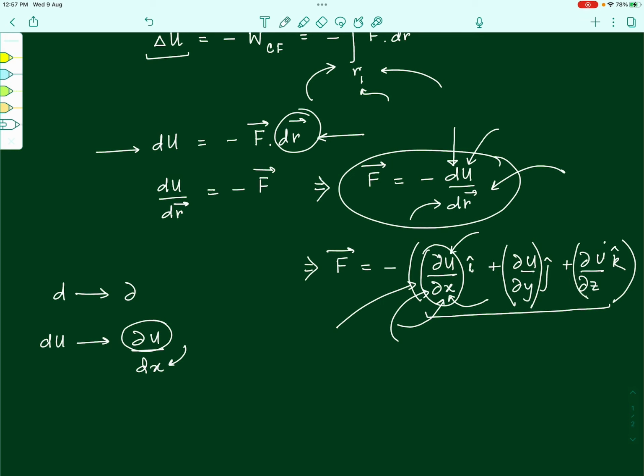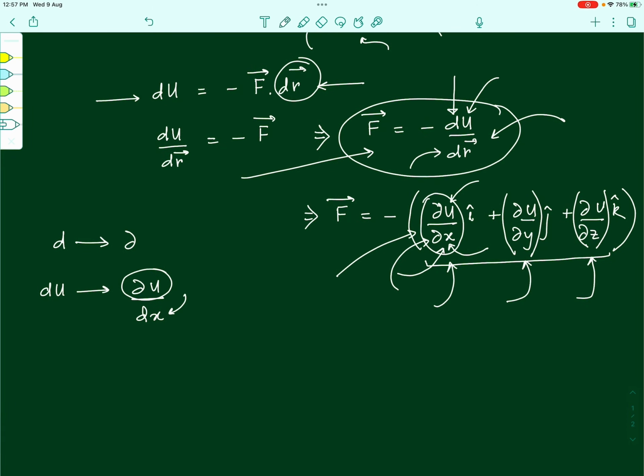And the third term, del u by del z, is the partial differentiation of u with respect to z considering x and y constants. So this equation is giving us three values, the three components of force: the x component, the y component and the z component.